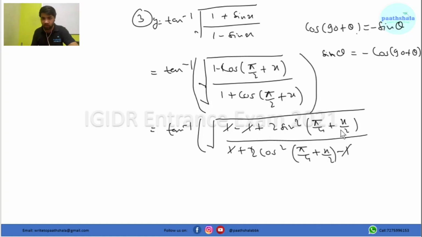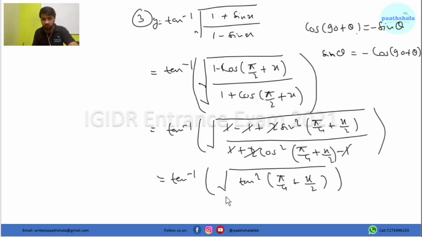And after this elimination you can eliminate 2 and 2. So this will come out to be tan inverse in a bracket under root sine square upon cos square. This will become tan square of pi by 4 plus x by 2. So this will come out to be tan inverse tan of pi by 4 plus x by 2.